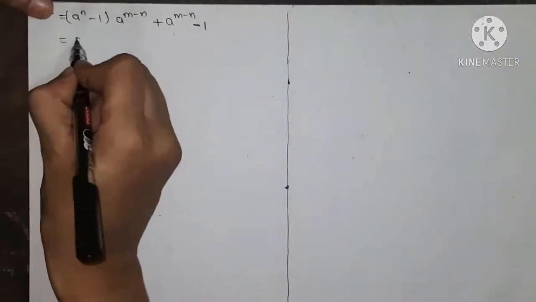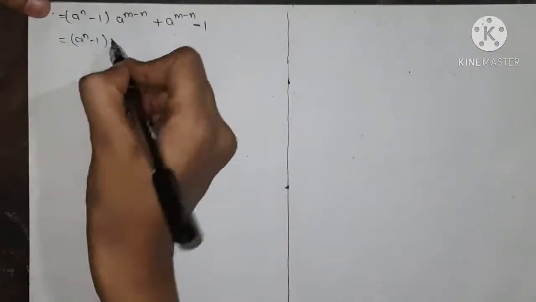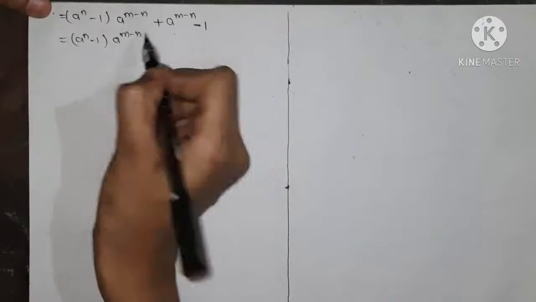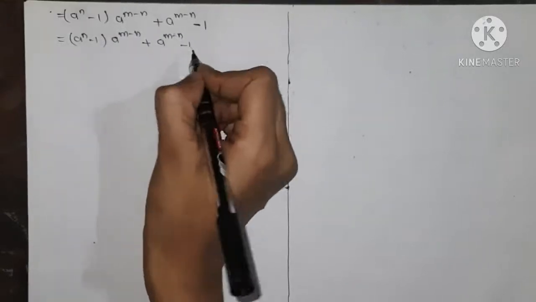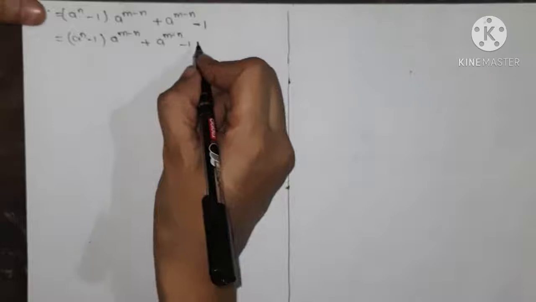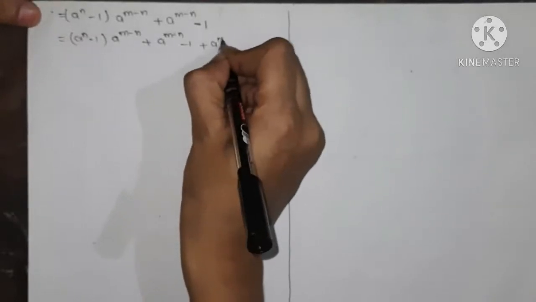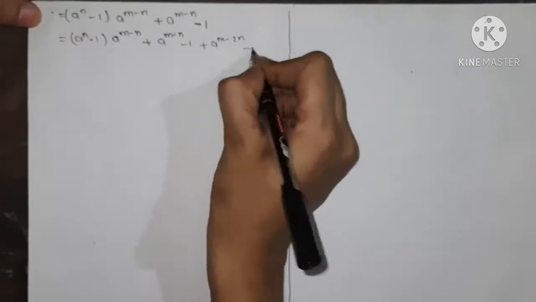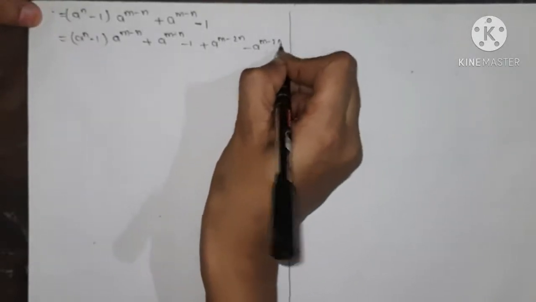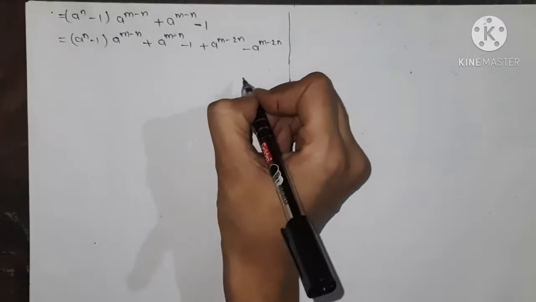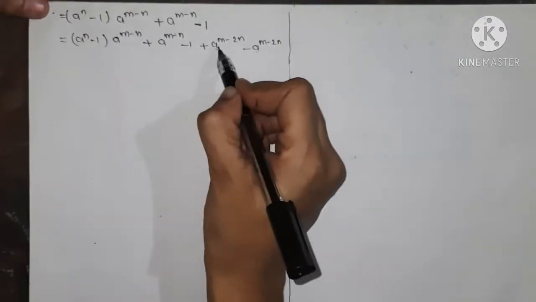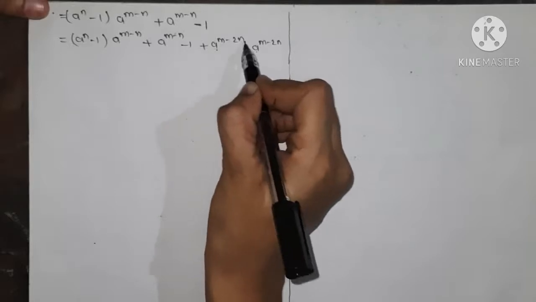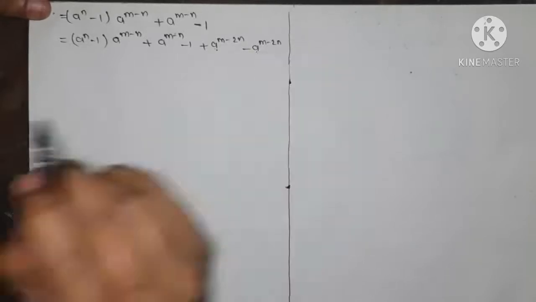Now this equals a to the power n minus 1 times a to the power m minus n, plus a to the power m minus n minus 1, plus a to the power m minus twice n, minus a to the power m minus twice n. That is, we are adding and subtracting the term a to the power m minus twice n.